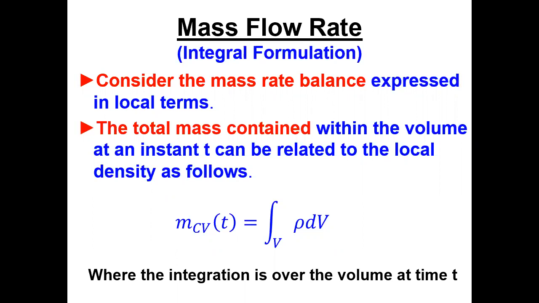So just using the concept of an integral, for a more sophisticated analysis, sometimes if you want to take that density variation into account, you have to approach it this way. You have to do that integral. Now, the trick is knowing the density function. And that's probably not an easy trick. And we don't do that in here, but we just want to show you how, if you had a density function that would give you the density within that control volume, you could use it to calculate the total mass in the control volume.